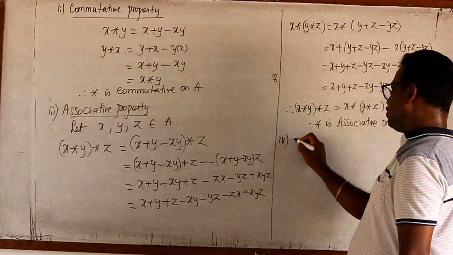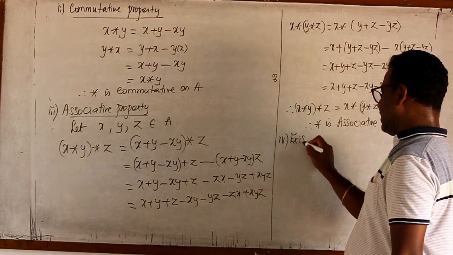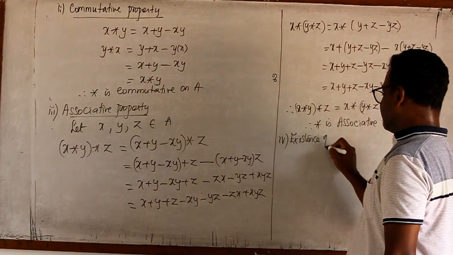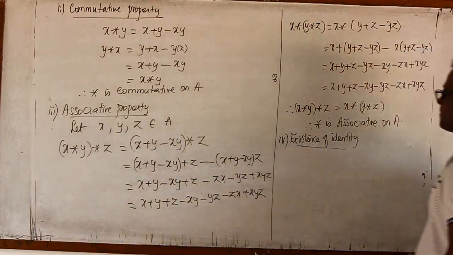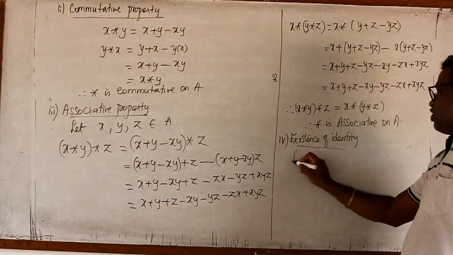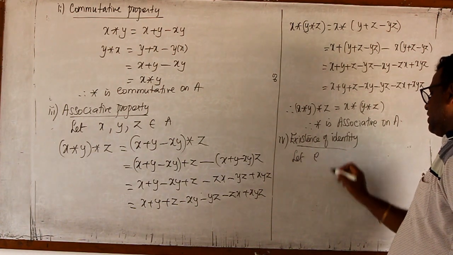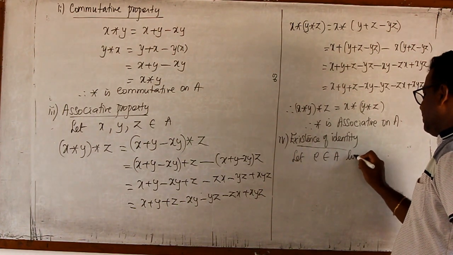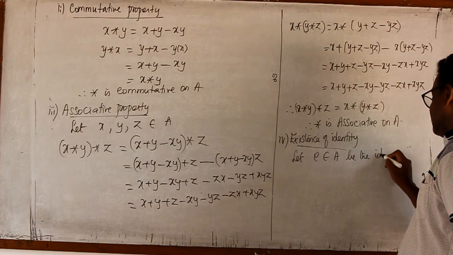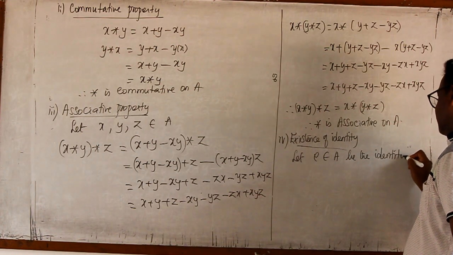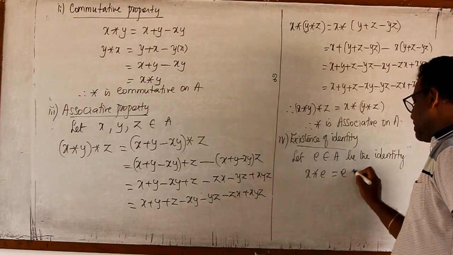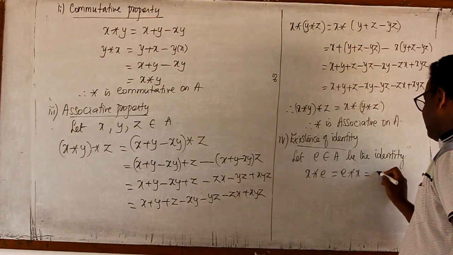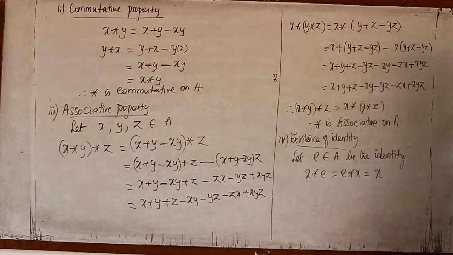Now, fourth one, existence of identity. I do not know the identity, so let e belonging to A be the identity element. That means e is not equal to 1. That means either x star e or e star x will give me x.